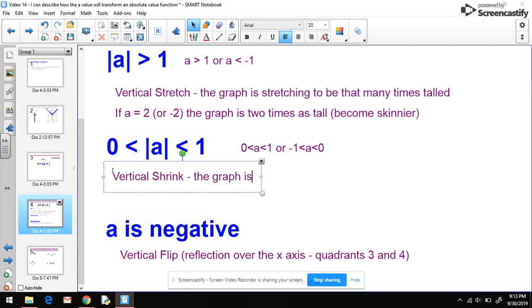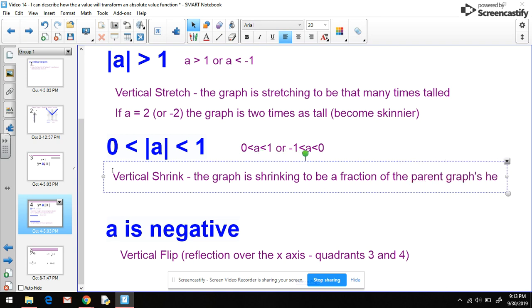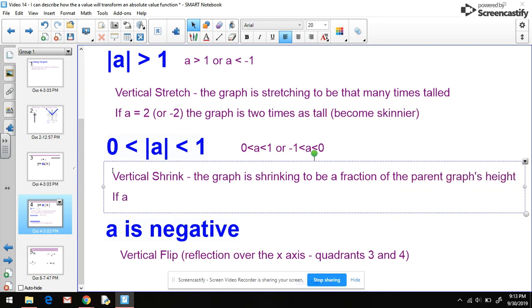And the graph is shrinking to be a fraction of the parent graph's height. Essentially, if a equals 1/2 or negative 1/2, the graph is half its height and will become wider.